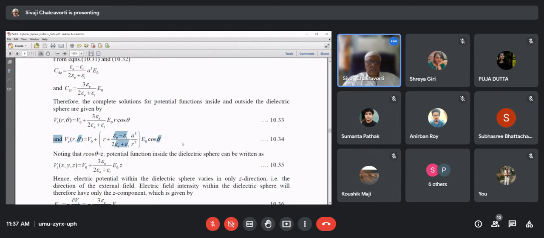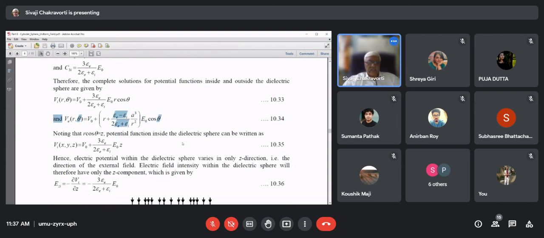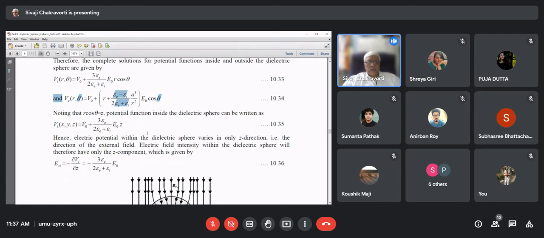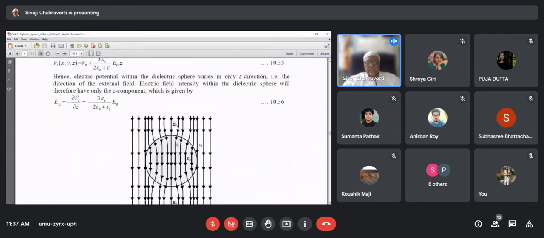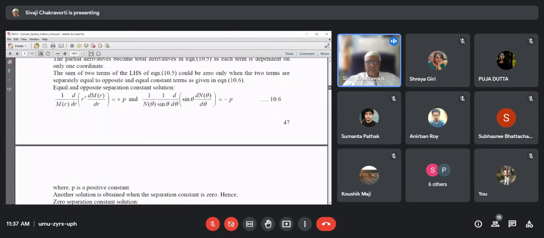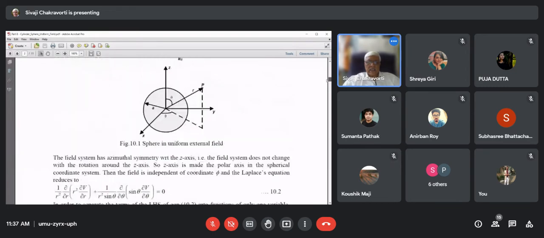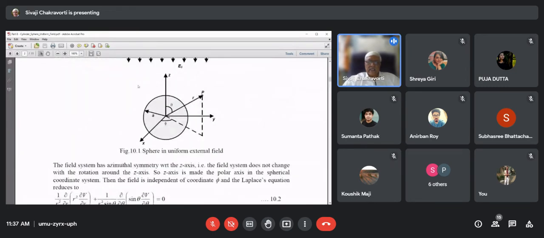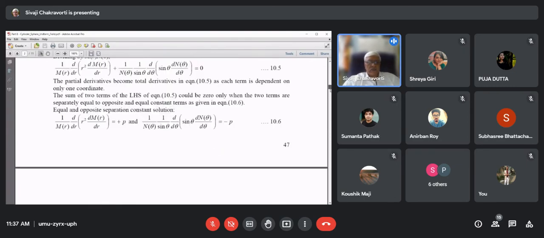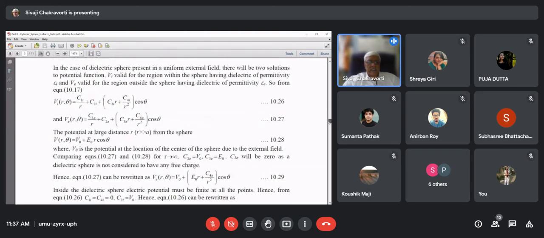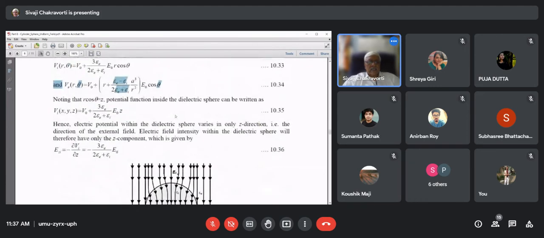So just to make it a little bit interesting, I have written it now in Cartesian, and then we see that this internal field equation 10.33 we can show it for the dielectric sphere as it is shown here in the figure. The electric field varies only in the z direction and not in x and y direction.